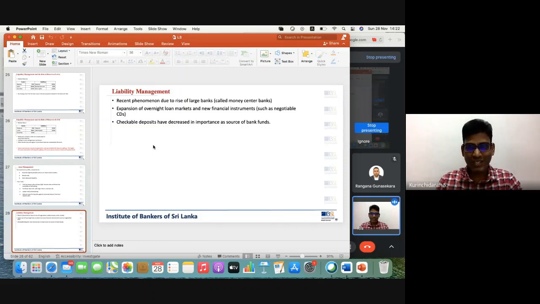When it comes to CASA deposits, right, it carries liquidity risk as well. The customer can withdraw at any time, not like a contractual saving account. So that means, okay, fixed deposits.